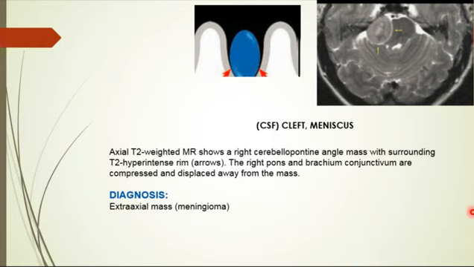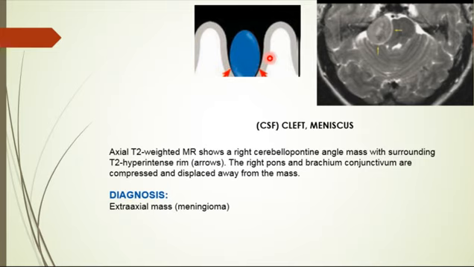You can see a right cerebellopontine angle mass with surrounding T2 hyperintensity. The right pons and the brachium conjunctivum, or the middle cerebellar peduncle, are compressed and displaced away from the mass, consistent with an extraaxial mass, which in this location with this characteristic is a meningioma.